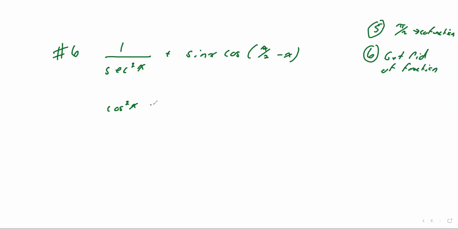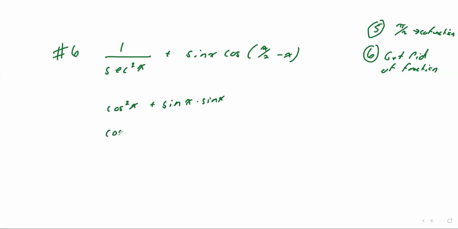And then here I have sine, and I'm going to look at my co-function identities, and I see that cosine of pi halves minus x is actually equal to just sine x.